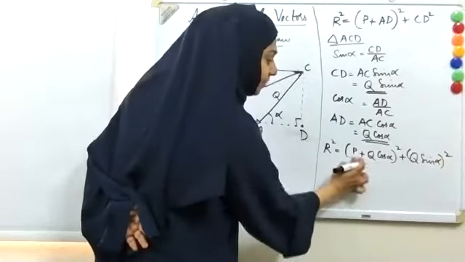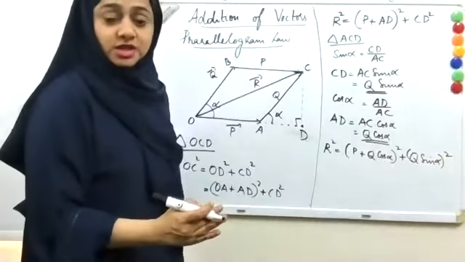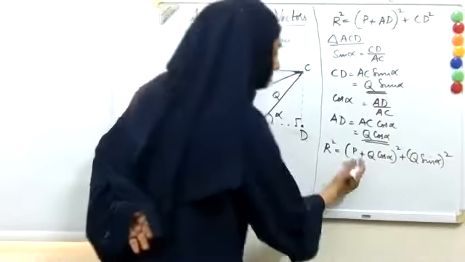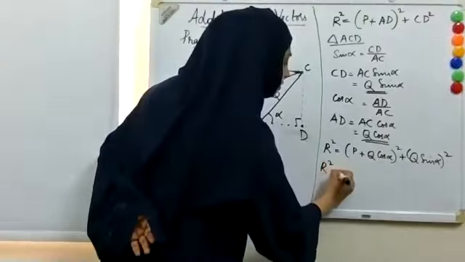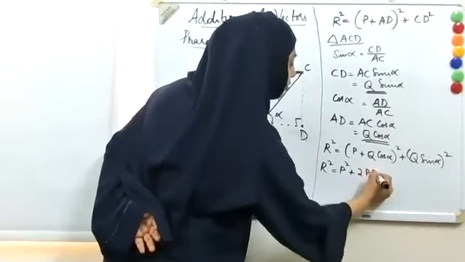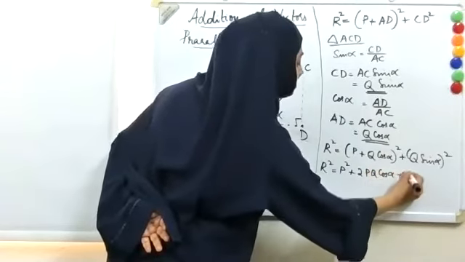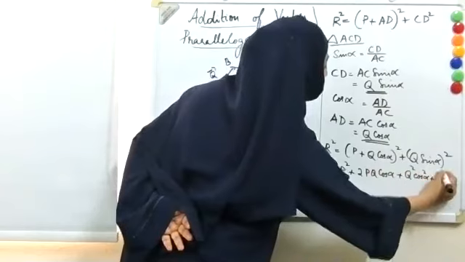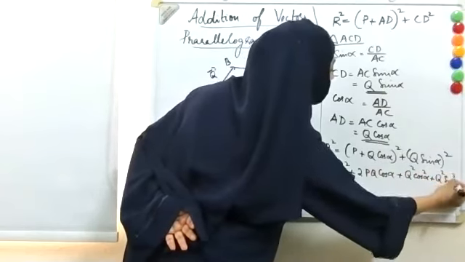Now this is in the form A plus B, the whole square, which I can write as A square plus 2AB plus B square. So R square is equal to P square plus 2PQ cos alpha plus Q square cos square alpha plus Q square sin square alpha.